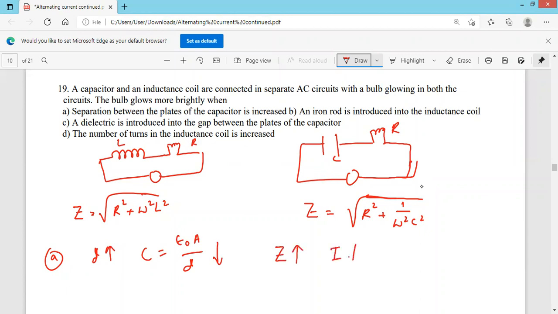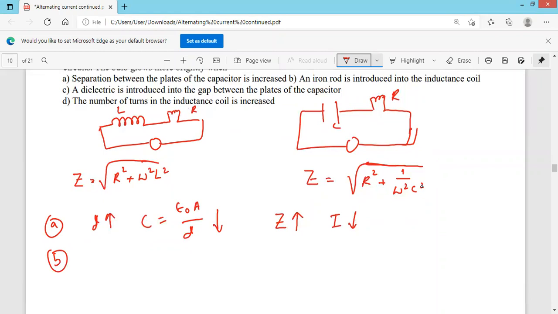When impedance increases, the current decreases. Therefore, in this case, only this bulb glows dim and this one glows bright. Option B.